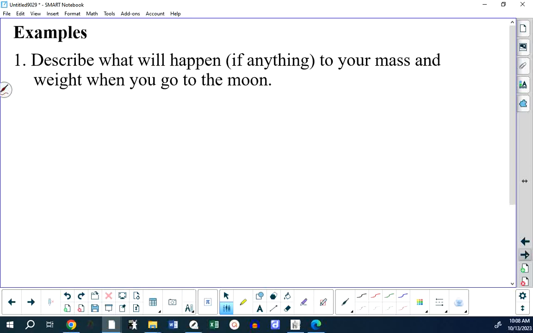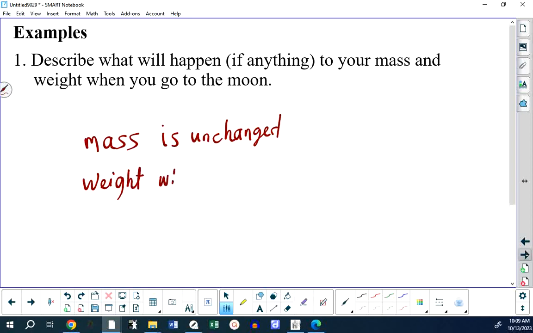What will happen to your mass and weight when you go to the moon? Mass remains constant. Weight will decrease.